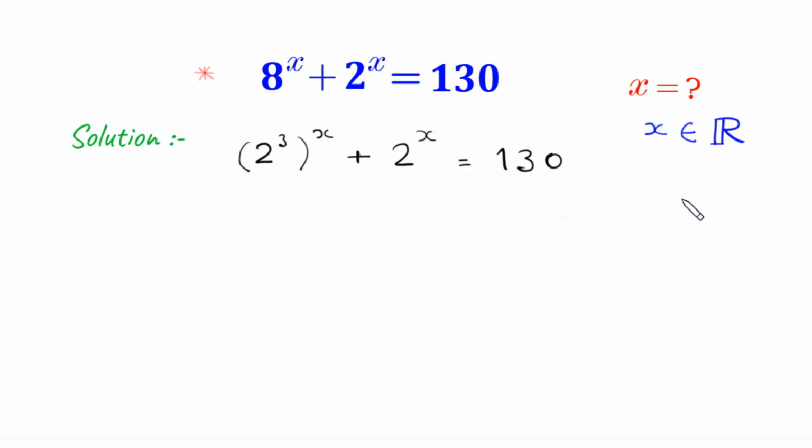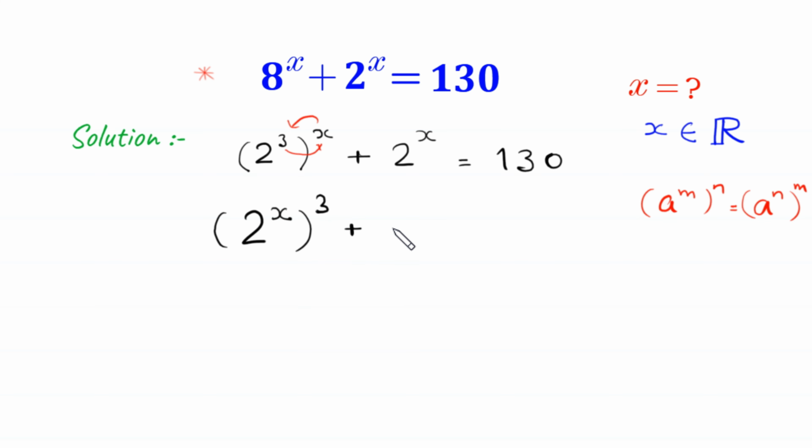Now by using this power rule, a to the power m whole to the power n is equal to a to the power m times n, we can write this power 3 outside the brackets and this power x inside the brackets. So this will become 2 to the power x whole to the power 3 plus 2 to the power x is equal to 130.